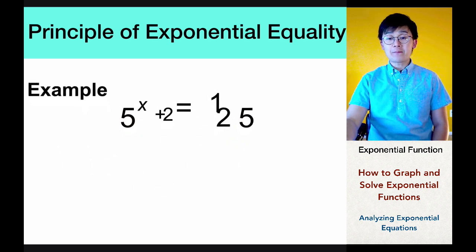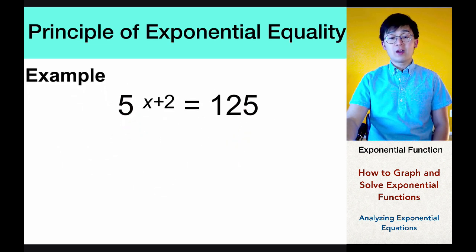Now, let's say meron tayong 5 raised to x plus 2 equal to 125. Now, mapapansin nyo na yung ating 125 ay hindi kaparehas nung ating value ng a doon sa 5 raised to x plus 2. Pero alam nyo rin na yung 125 ay pwede nating i-modify by changing it into 5 raised to 3.